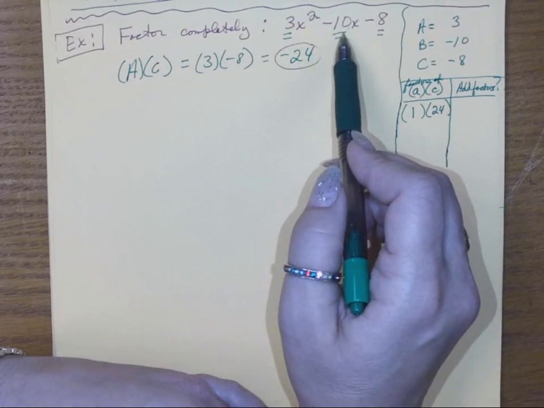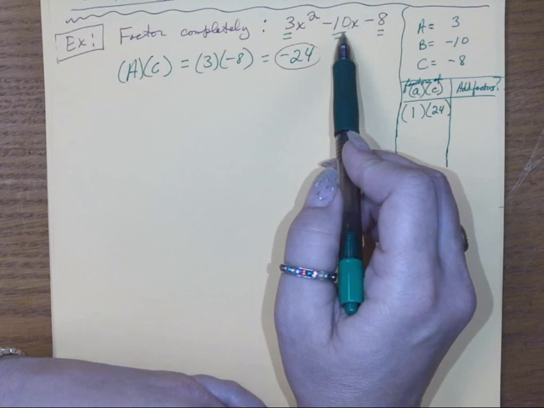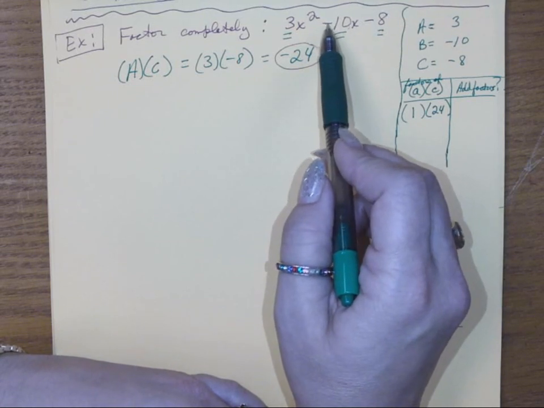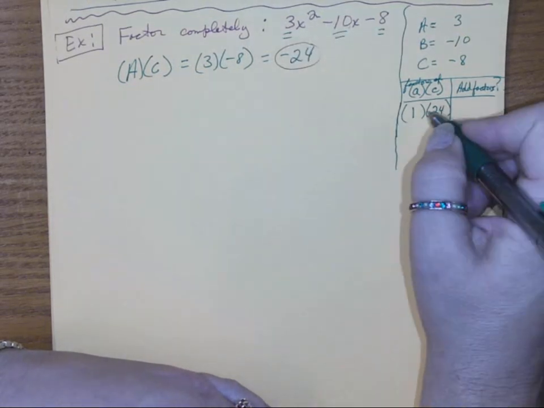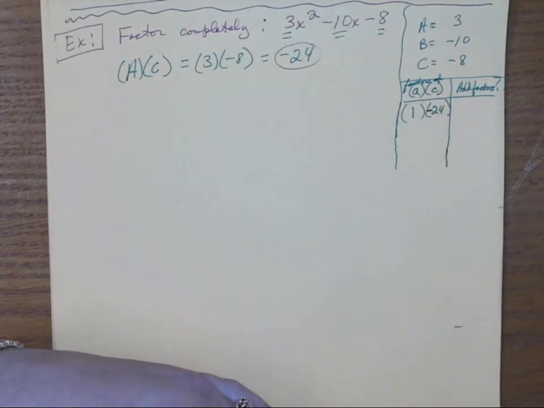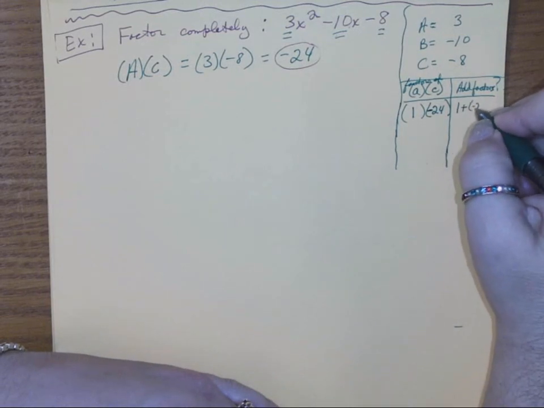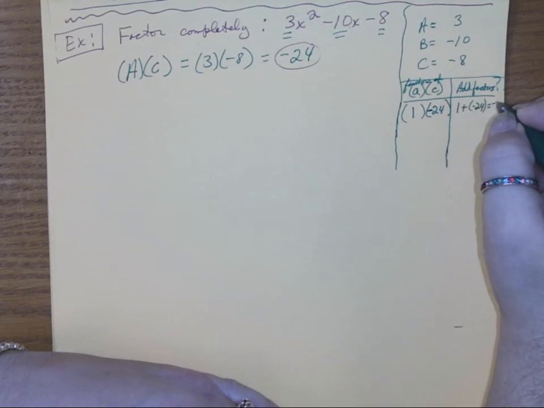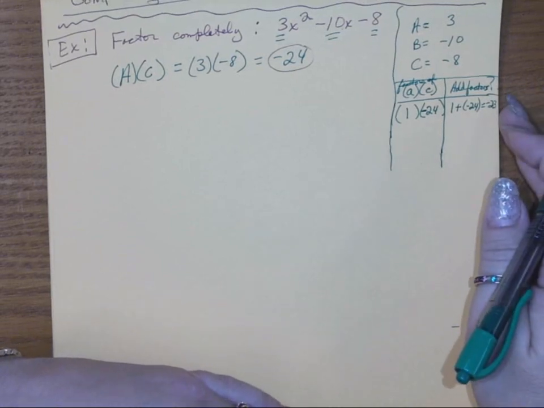And I know my integer rules. Whenever I'm adding to a negative, that means I subtracted two things and I took the sign of the bigger number. So I know that the bigger number is going to be negative. So I'm going to put the negative right here, and then when I add those, it will be 1 plus negative 24. Well, that's negative 23. That's not what I want, so that's not it.